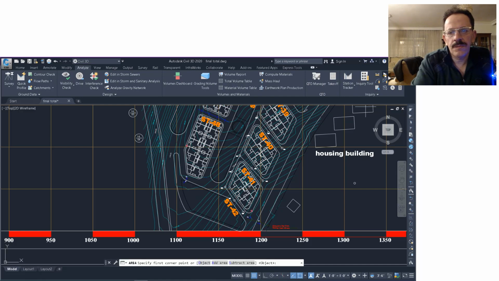This is the area, and you can find the area that you want.